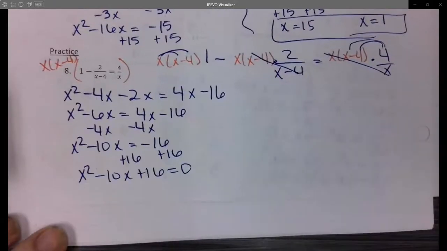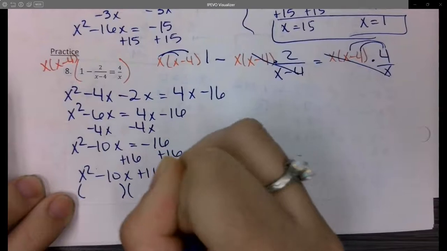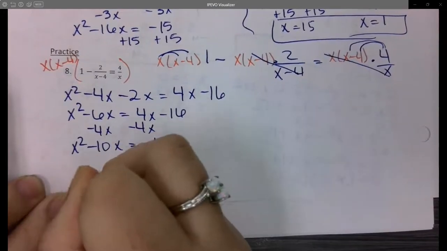What two numbers multiply to positive 16 that add up to negative 10? Negative 8 and negative 2.